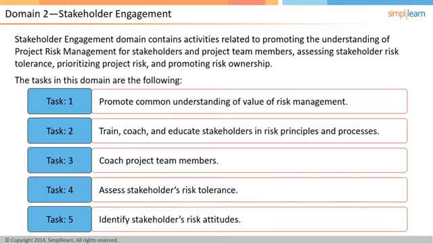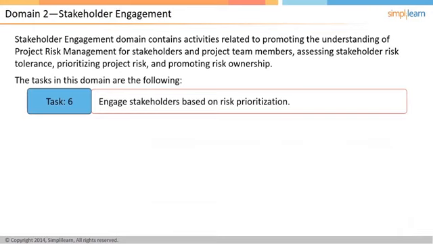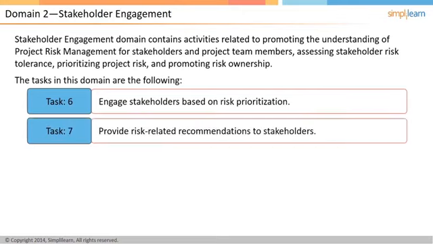The fourth task is using different tools and techniques to assess stakeholders' risk tolerance. The fifth task is to identify stakeholders' risk attitudes, to manage stakeholders' expectations throughout the project lifecycle. The sixth task is to engage stakeholders based on risk prioritization process to optimize the consensus on priorities. The seventh task is to provide risk-related recommendations to stakeholders using effective communication techniques to achieve effective risk-based decisions.